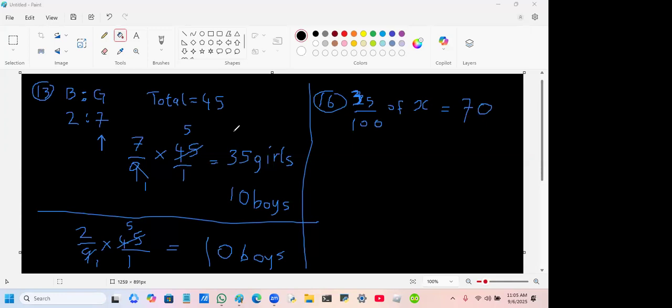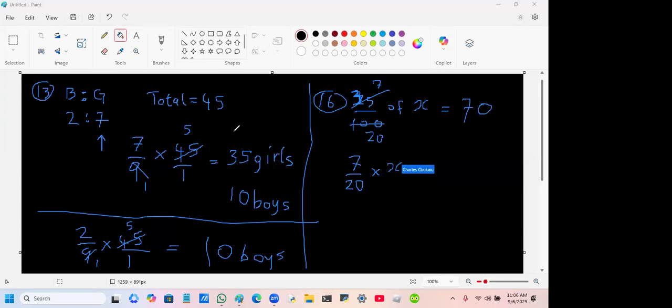All you just need to do is make this fraction here simpler. You can do 5 in 35 is 7 before you start doing any other thing. 5 in 100 is 20. Where did you get the 5? I'm just dividing. Use any number that you can use to get the job done.